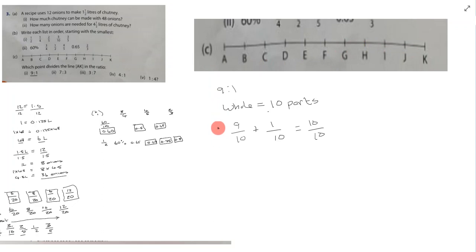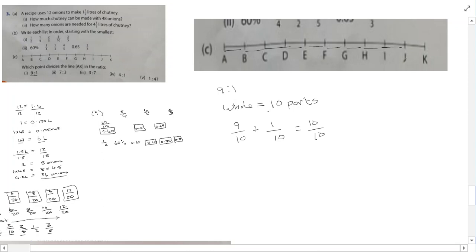So what it's asking us is, which point divides the line in the ratio of 9:1? You could look at it from this point of view. 9 parts would be part 1, 2, 3, 4, 5, 6, 7, 8, and then 9.